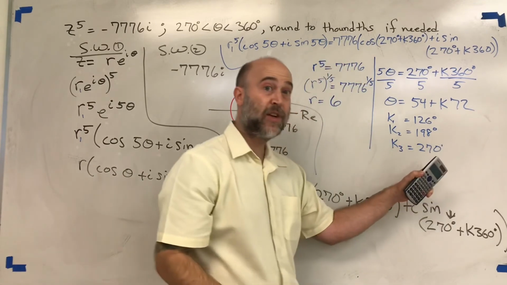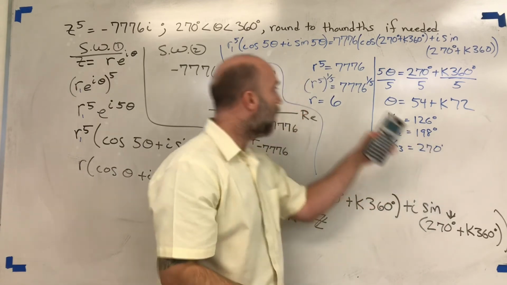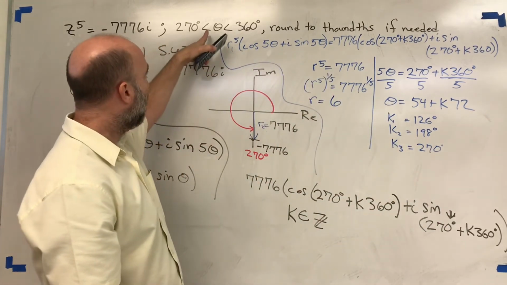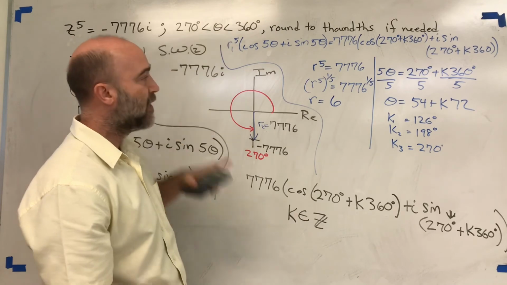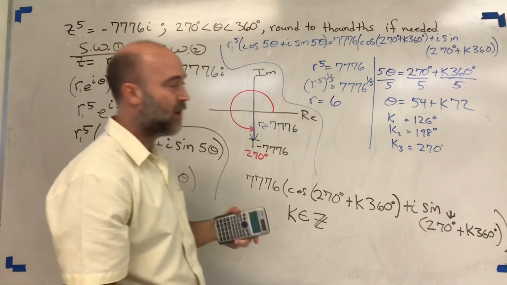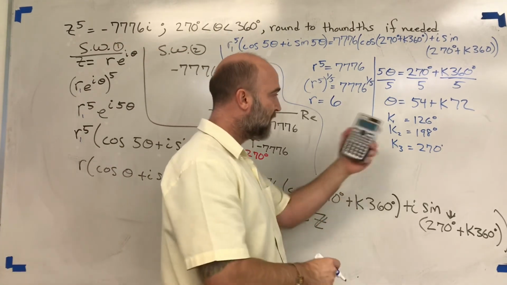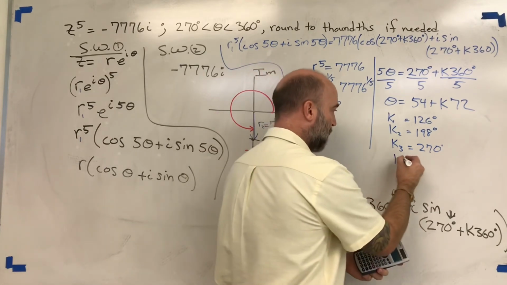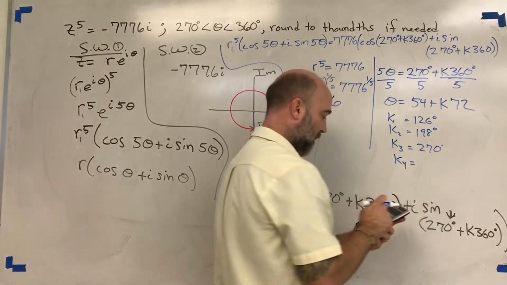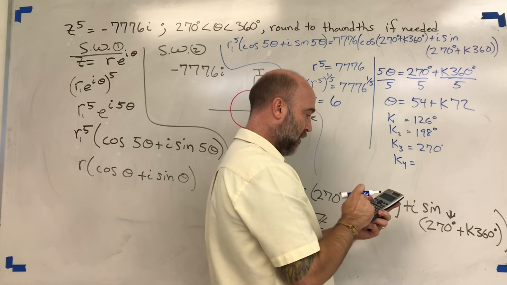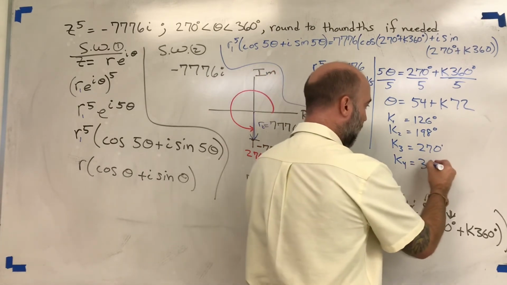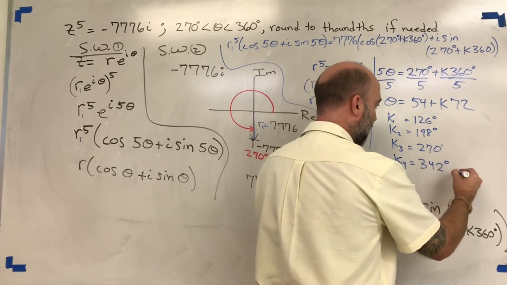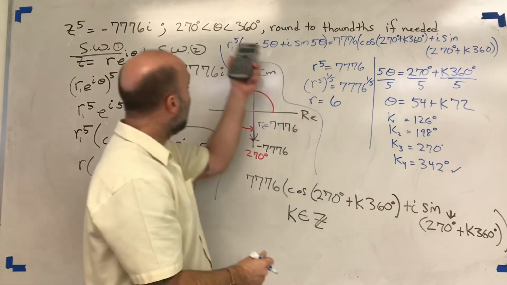Is 270 degrees okay? No. We have to be greater than 270 degrees. There's no equal sign there. If there was that equal sign, yes, but there's not. k equals 4, plus 72, 342. Hey, there's one. That lands in that range.